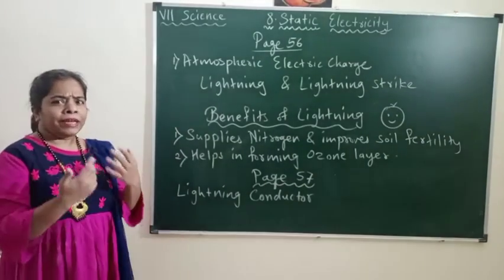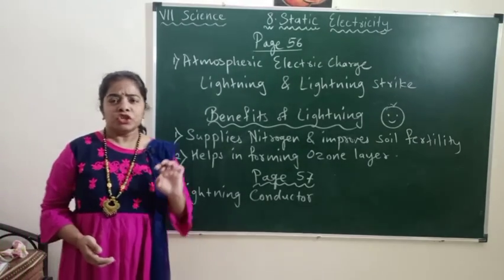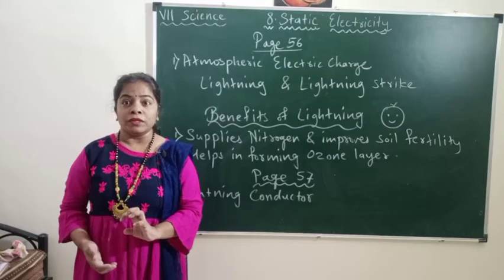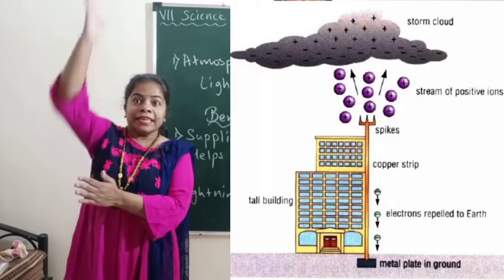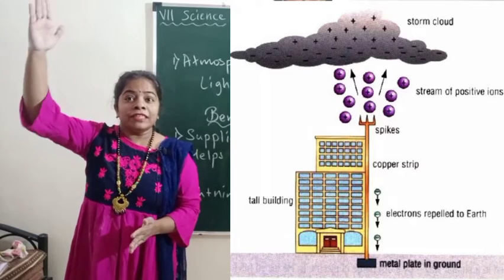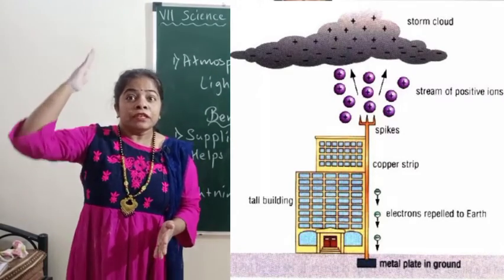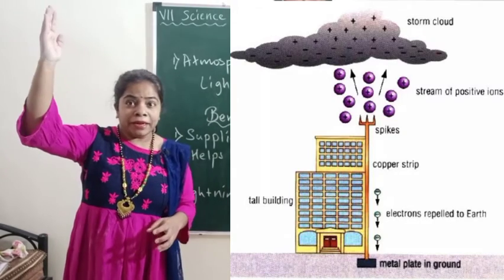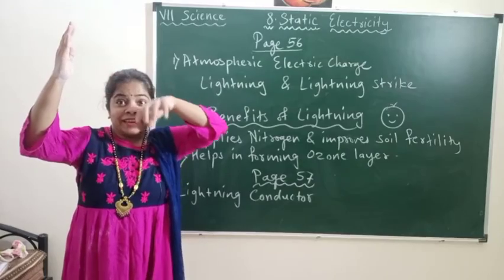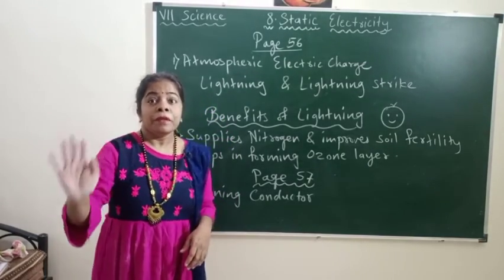Next, on page number 57, there is an explanation of the lightning conductor. What is a lightning conductor? A lightning conductor is a straight metal rod which is placed at the top of buildings, so that if there is any lightning and thunder, that metal rod will attract the lightning and take it straight down to the ground.